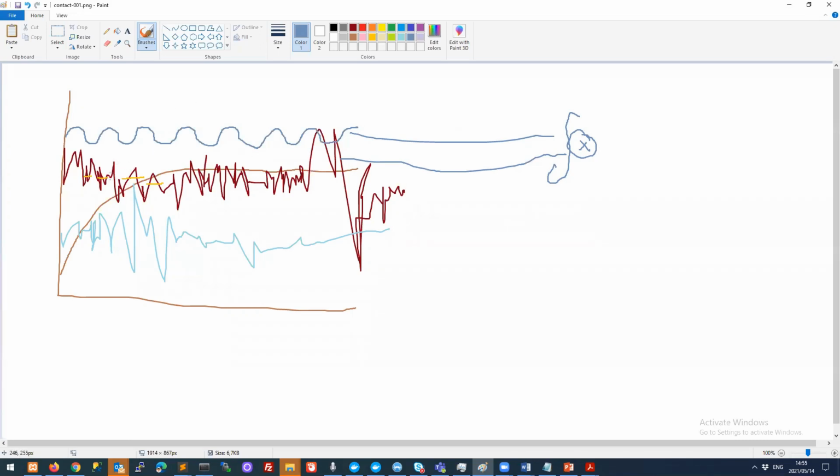Now, in the regions where this function is similar to this function, and by similar, I mean similar frequency, you can say the frequency here is similar to this frequency, then the functions won't destroy each other.